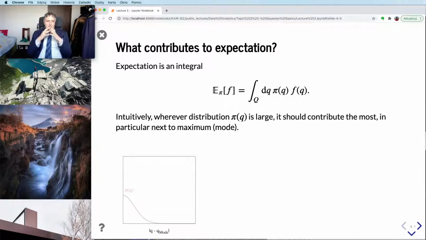So if it has some values around the maximum, the rest has to be sufficiently flat in order for such integration to be possible. So when we are computing an expectation, we will think that among the values inside the integral, the most contributing factor is p. And this is something that we have, let's say, intuitively from computation.